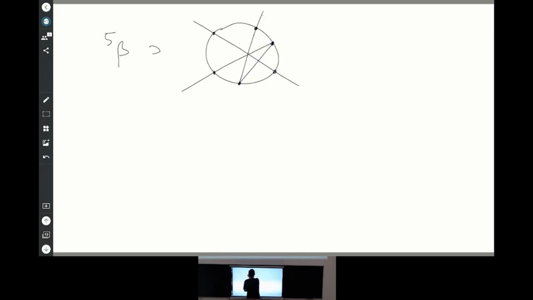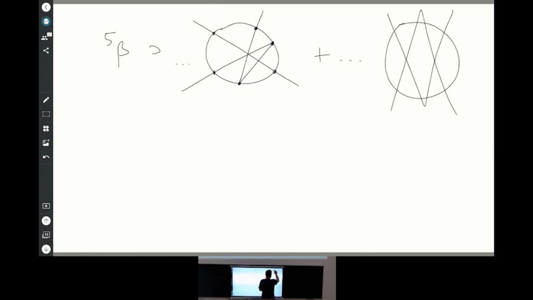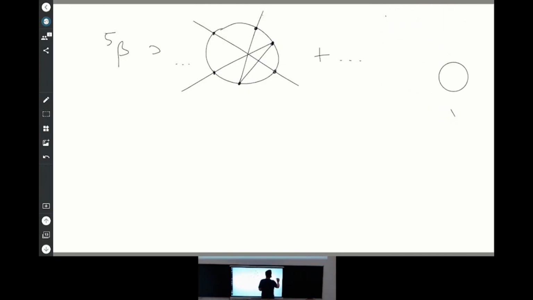And this has some coefficient. And then there is another diagram that has another coefficient that looks like this. Let me just write it better. So all the vertices are here on the circle.